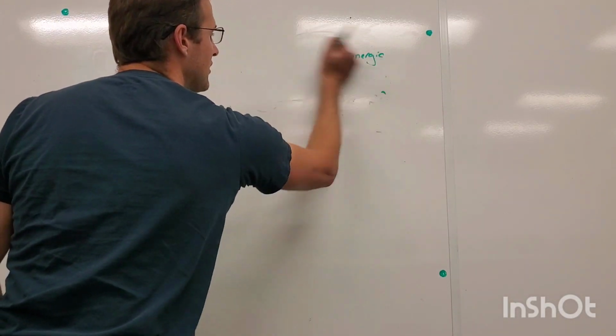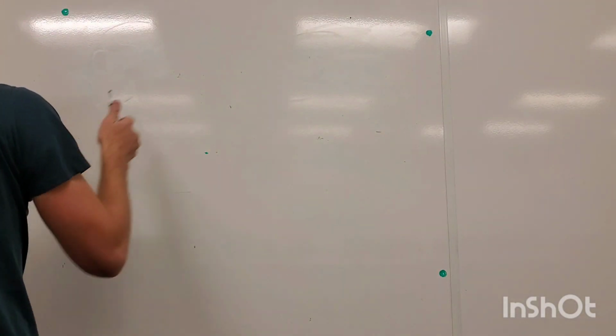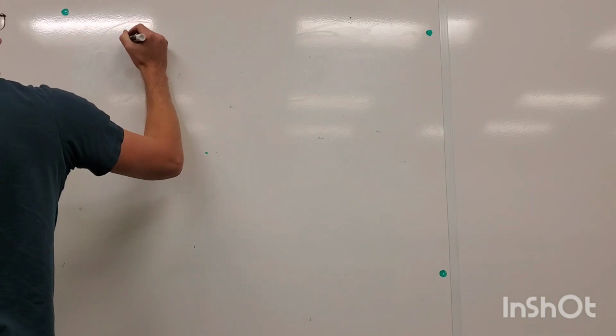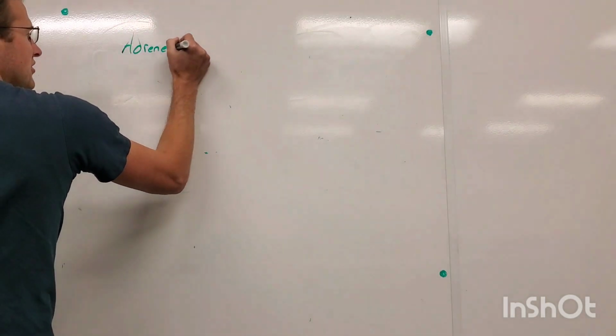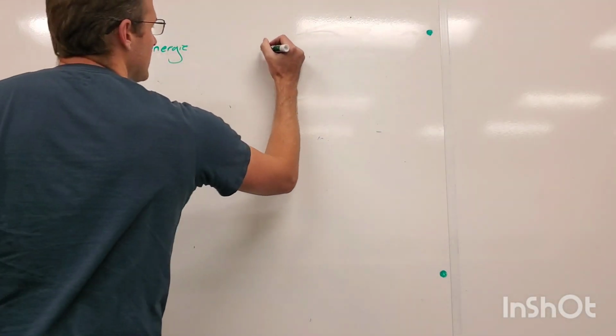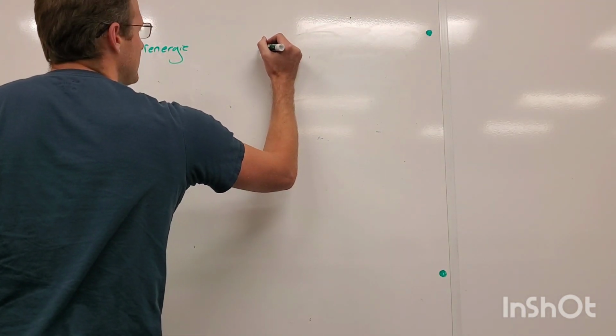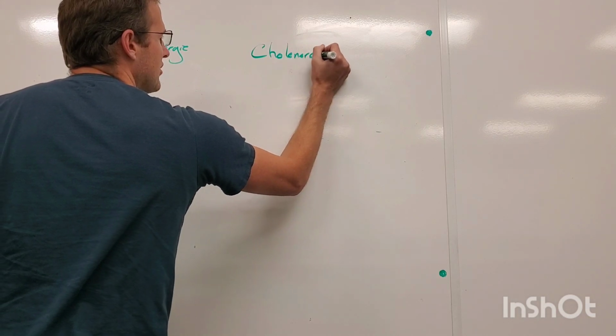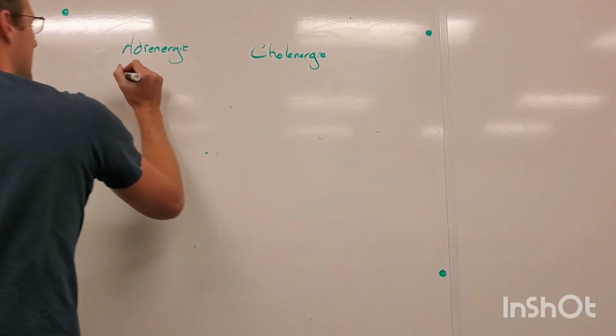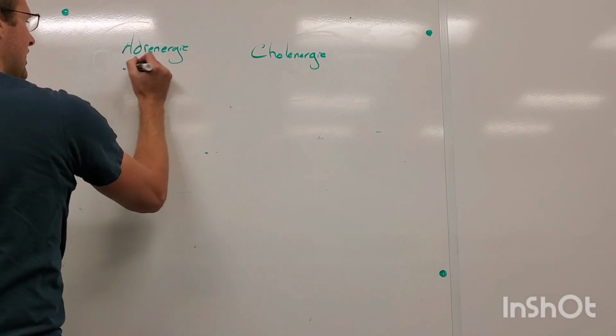Alright, so receptor types. I told you before we had the adrenergic receptors, and then we had the cholinergic receptors. Adrenergic, that's going to be our catecholamines.